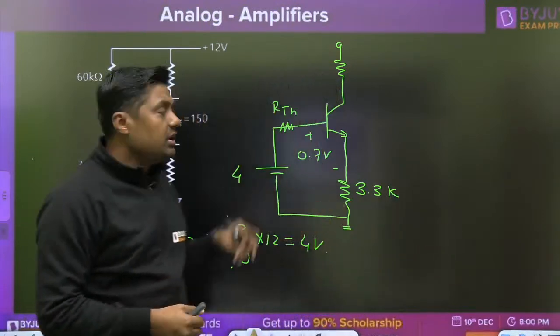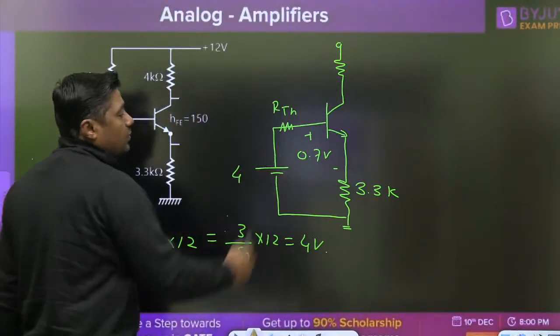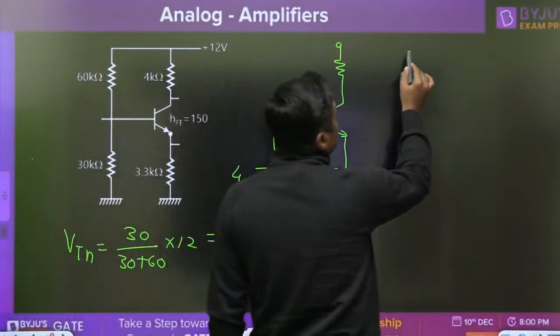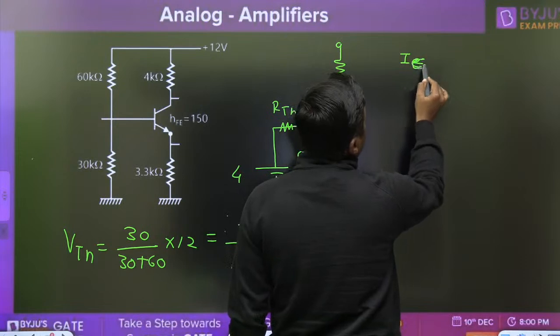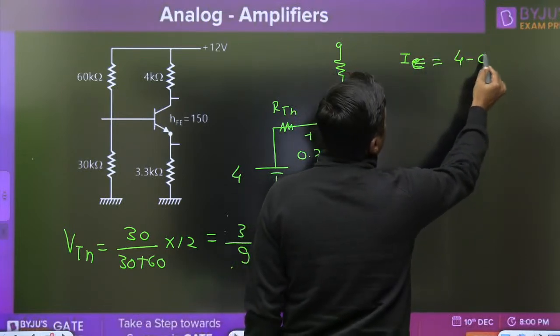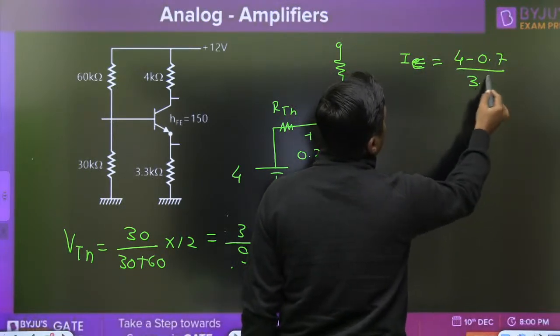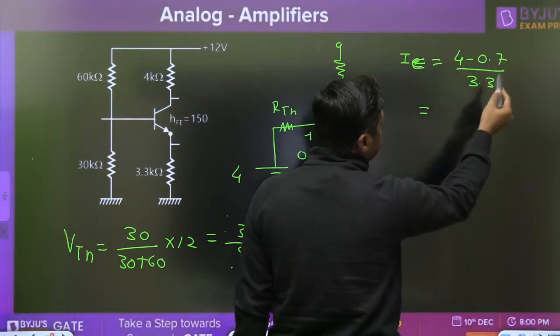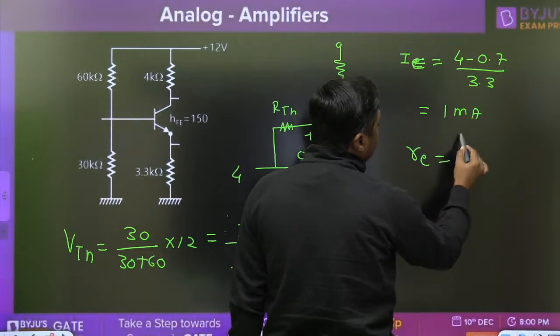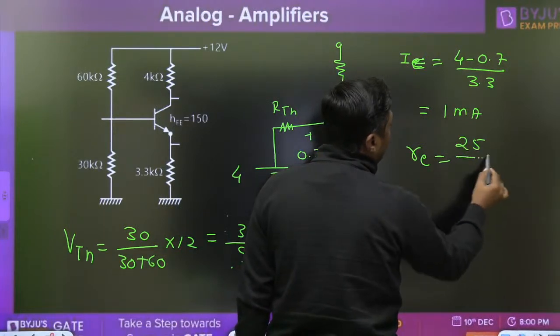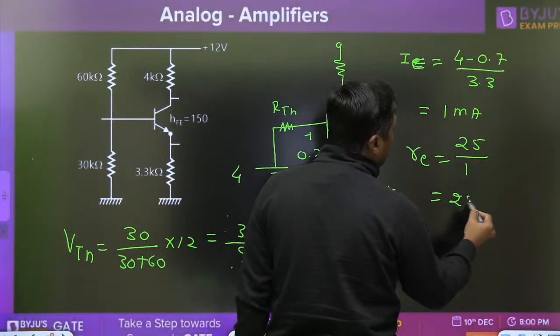Again we are getting the DC current I as 4 minus 0.7 upon 3.3, which is 1 milliampere. What is the small re? 25 divided by 1, that is again 25 ohm.